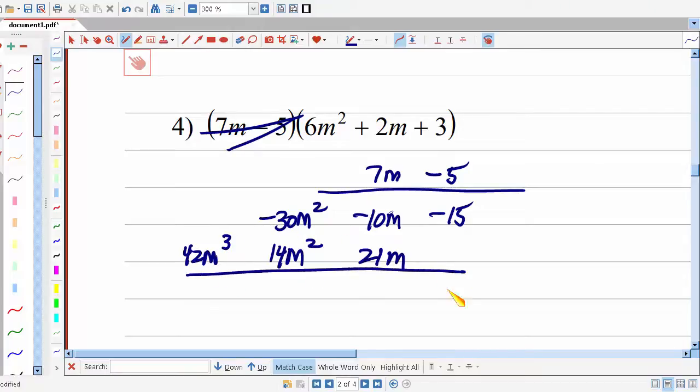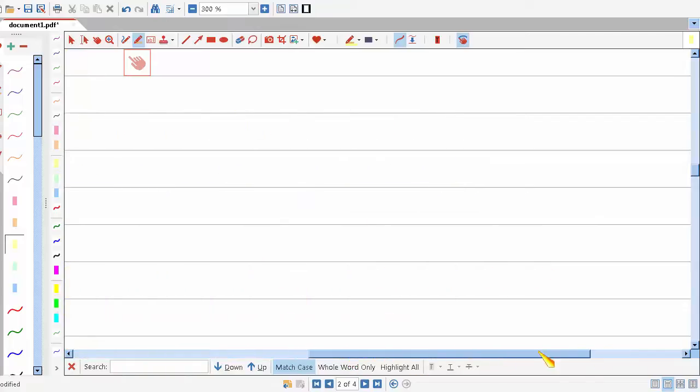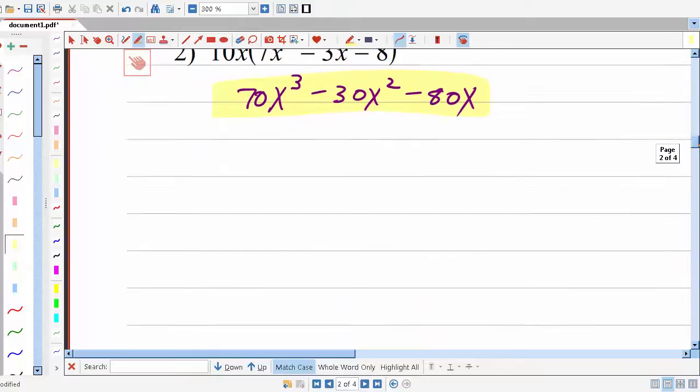And now I'm going to add downwards to combine like terms. And that would be my product. Okay, no, I did that.